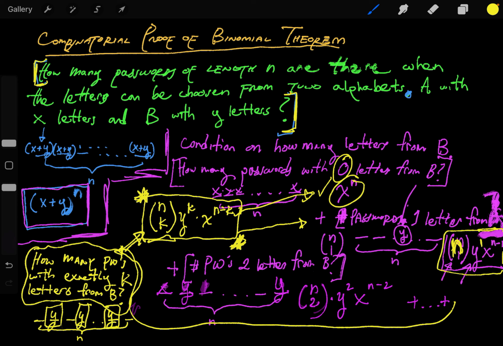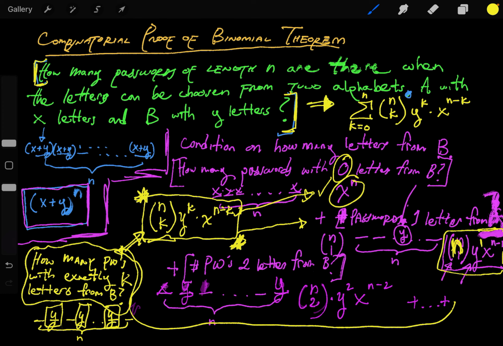The most it could be is n. So the sum over all of these possibilities, k from 0 to n, of n choose k, y to the k, times x to the n minus k, is also going to give us the answer to this question.